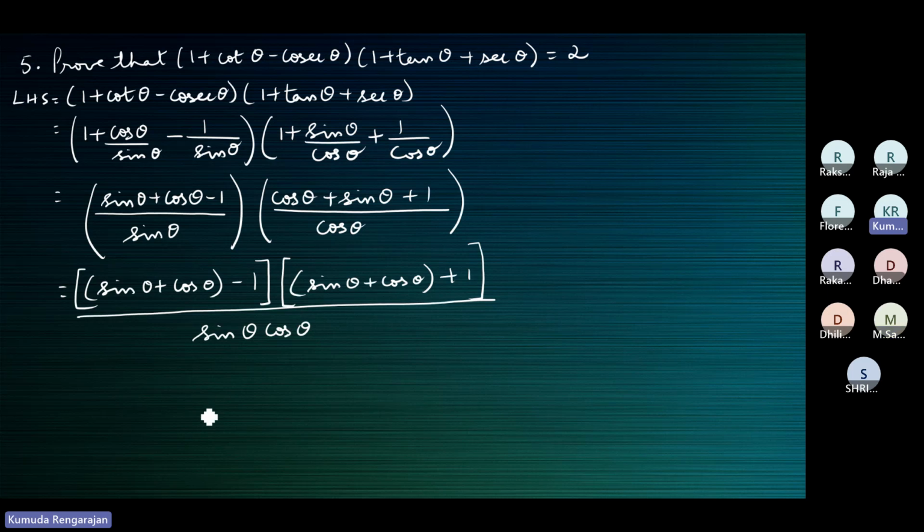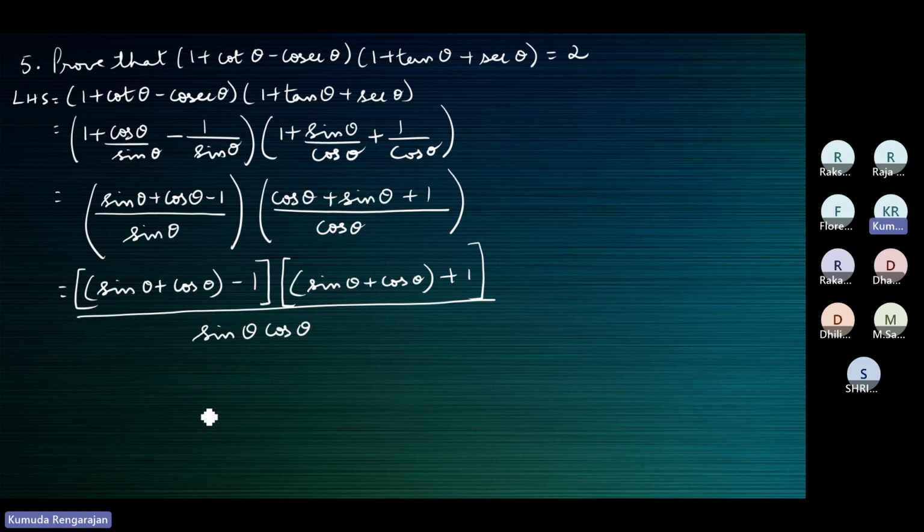Multiplying the numerators, I've enclosed sin theta plus cos theta in a bracket, which is a, minus 1 outside, which is minus b.